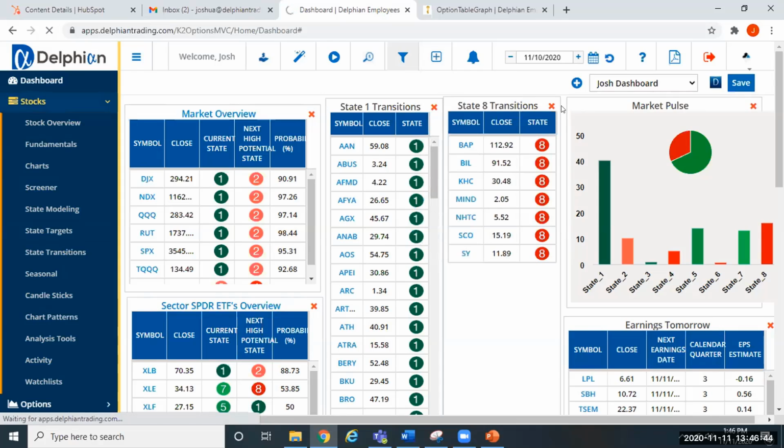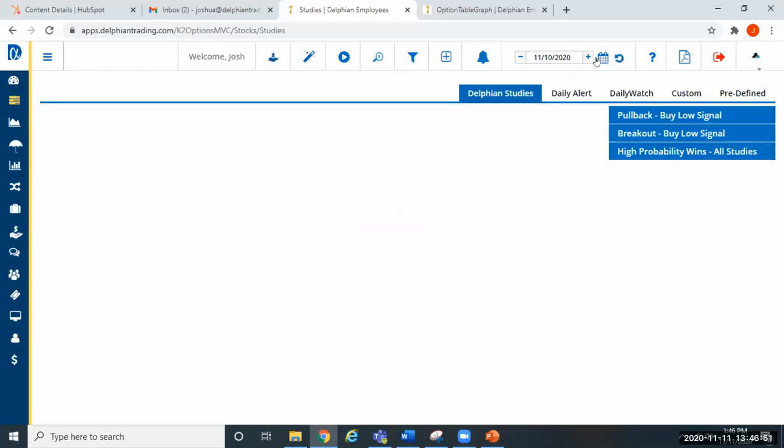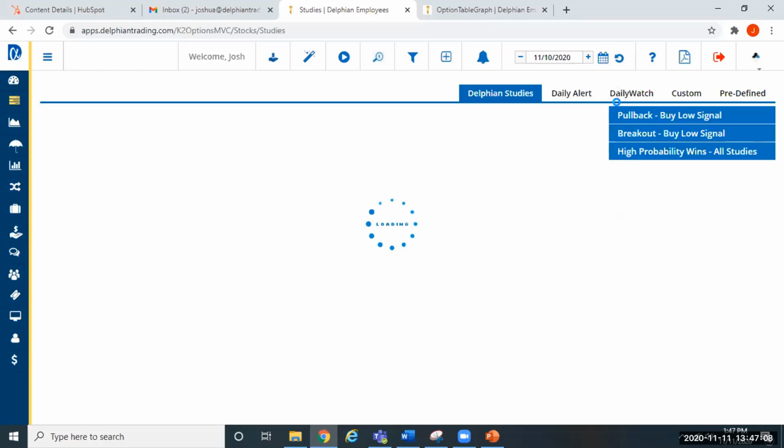In the screener, on the left side you have your studies. The other thing is you can go back in time. So this is our time machine. You can go back to any date, back to 2007, and do a different analysis, whatever you want. The studies will only populate back to 2018 when we first published them. But you can go day by day, and they're in here each night after the system has done its processing.